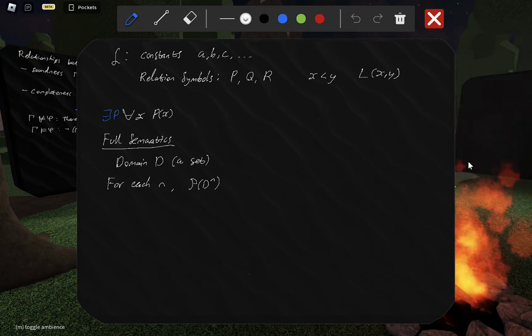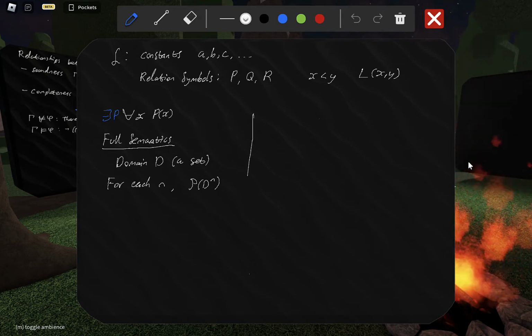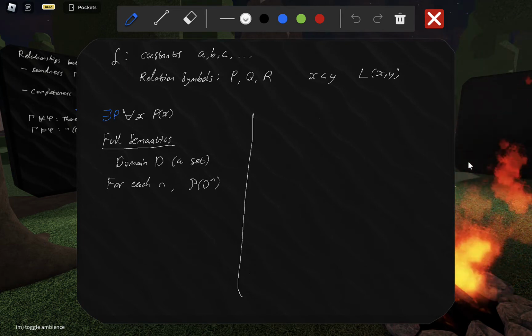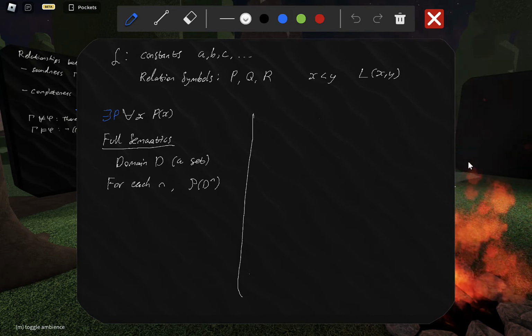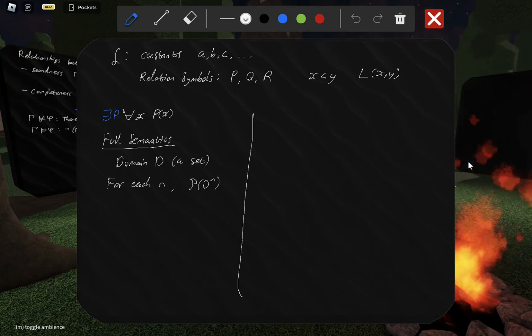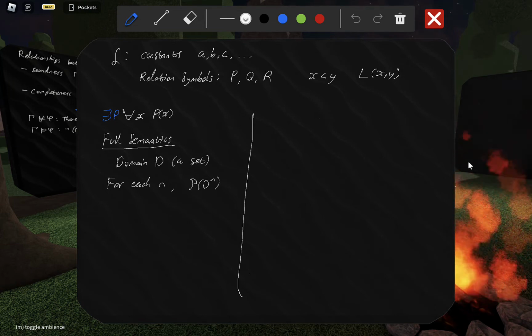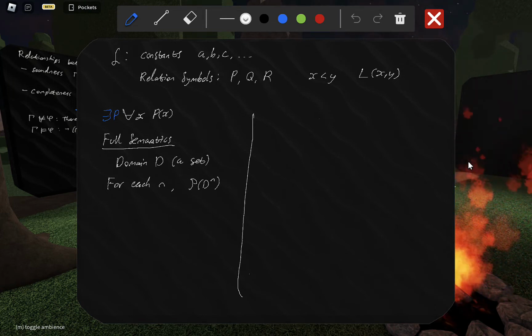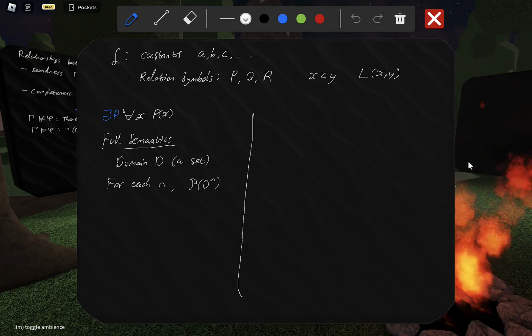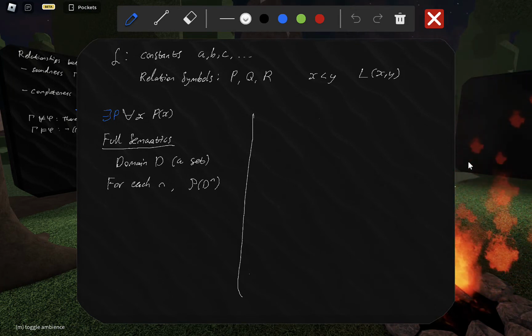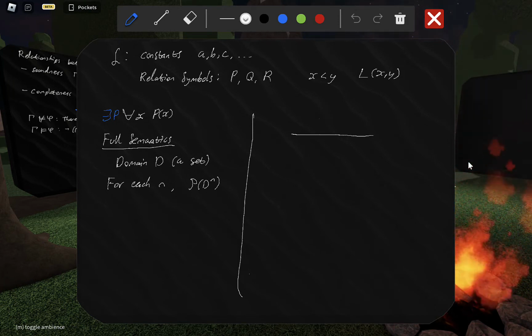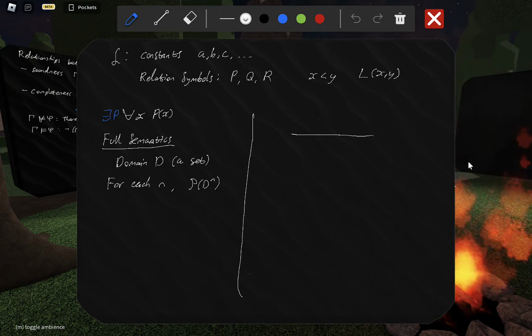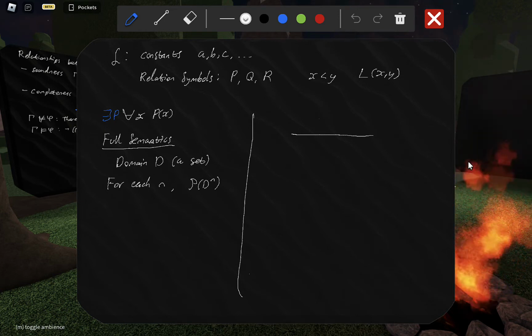And I guess the other semantics doesn't make sense until you talk about the proof system side of things. Here's the deduction rule that you would come up with for second order logic.